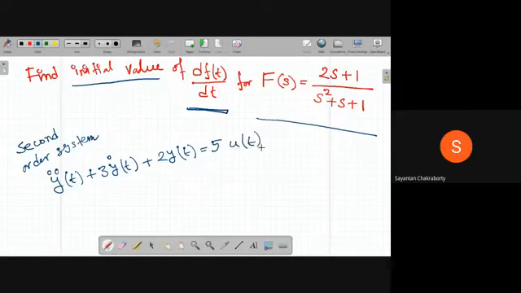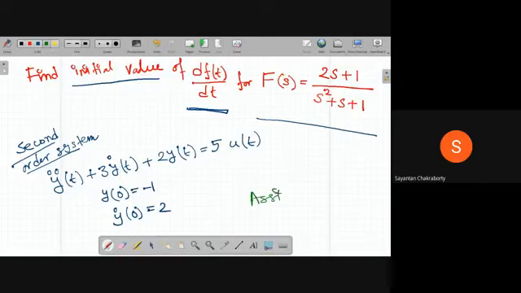This u(t) is a unit step function, obviously, with the initial conditions. So these are the two. So you have to submit before the next class. Okay.